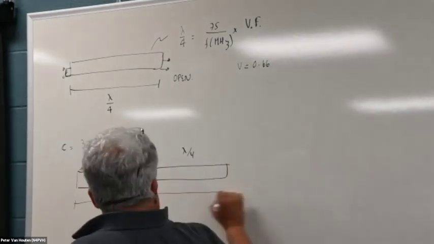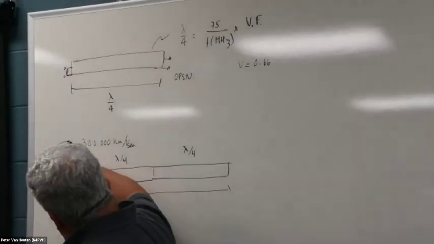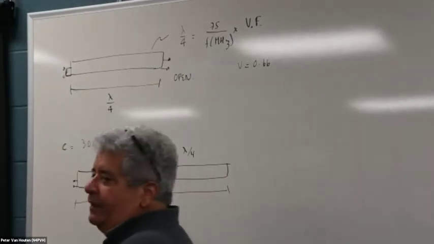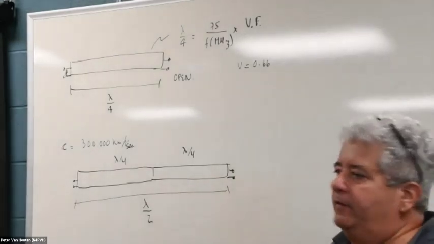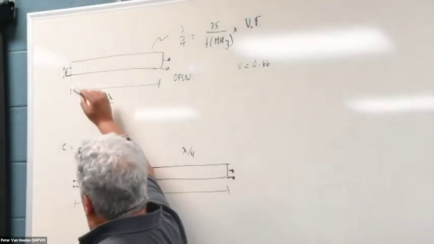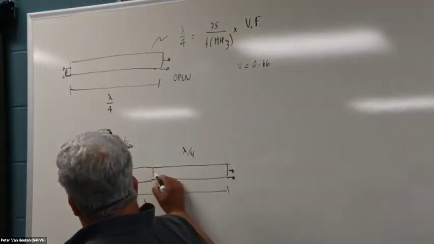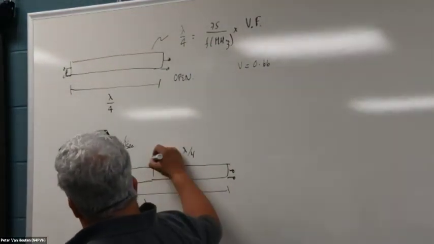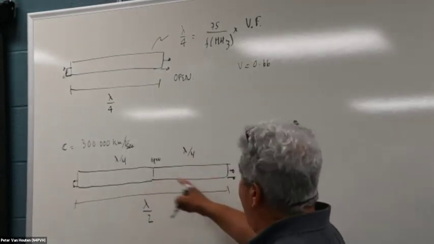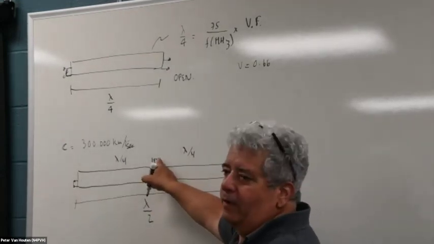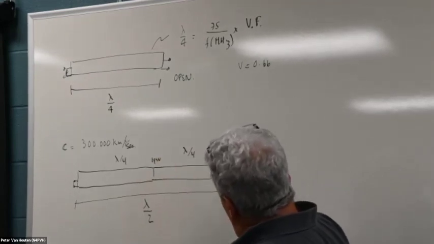In total, we have here half wavelength. Whatever happens here, any condition that you see here, you will see it also on the other side. It will repeat itself. Why? Well, think about it. If I have a short here, then quarter wave further into the line, I will see an open. And if I go again quarter wave, I'm going to see the opposite of what is here. Quarter wave away will be again a short. So this is closed.